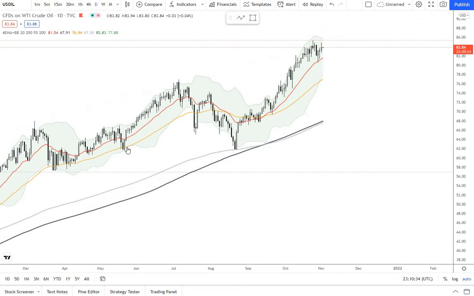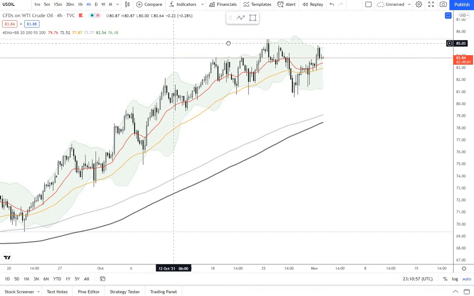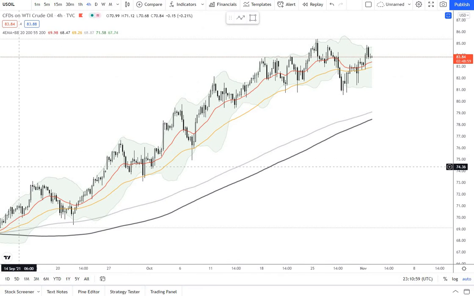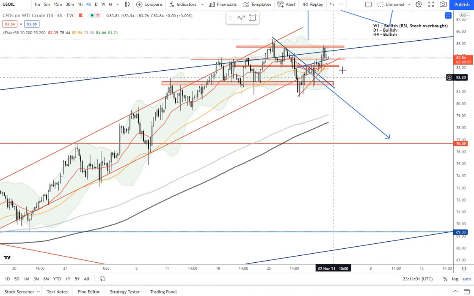If I remove my lines, you can see that following the EMA 50 and 20, you know that it's very bullish momentum, until for the past 1 to 2 weeks it has been resisted at this level, 84.5. So it's pretty much ranging at this level, and because of a lot of market news events this week, there may be very clear uncertainty as well, so maybe a potential range that you can trade within.